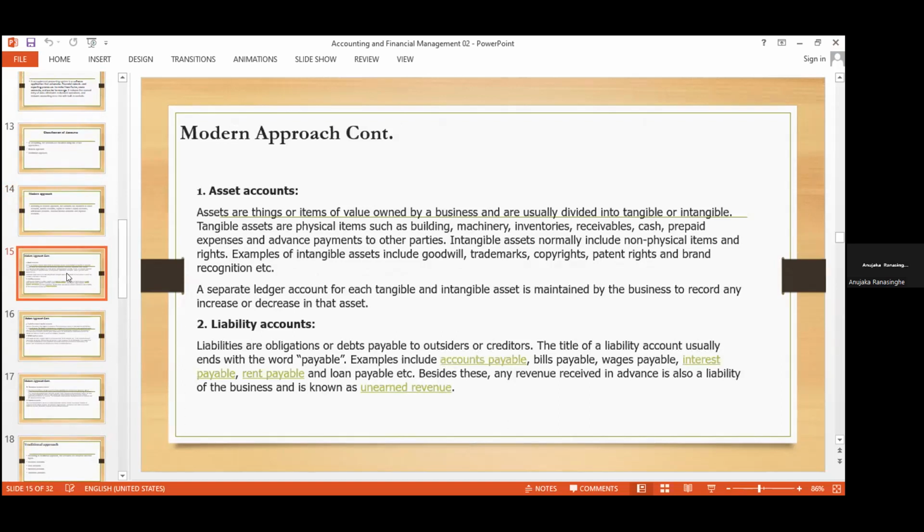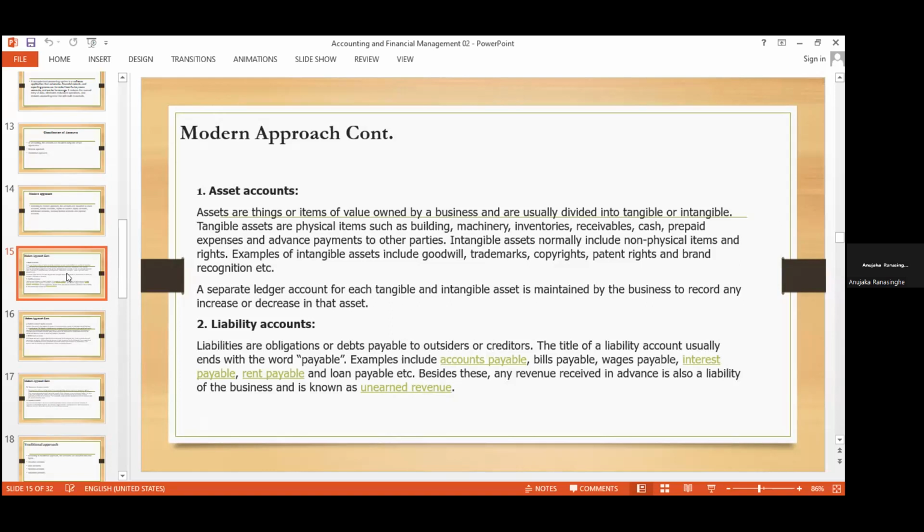Asset accounts. Companies have assets: buildings, motor vehicles, some machineries, tangible or intangible assets. Intangible assets means brand names, goodwill, and marketing concepts.